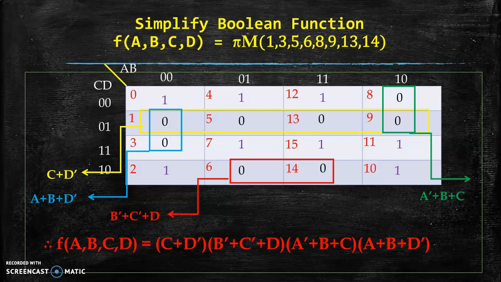So it is (C plus D bar) dot (B bar plus C bar plus D) dot (A bar plus B plus C) dot (A plus B plus D bar). So this way, for 4 variables, we can simplify the expression with the help of K-map.